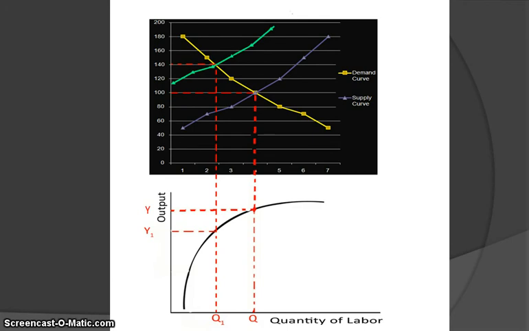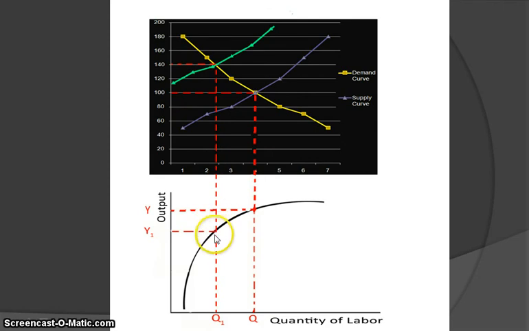Whatever the reason, there's now a lower supply of labor, which is reflected by a shift to the left in your supply curve of labor. And therefore, when you look at this equilibrium position, this is the number of workers that will be employed in equilibrium. This is the equilibrium level of employment, sorry.